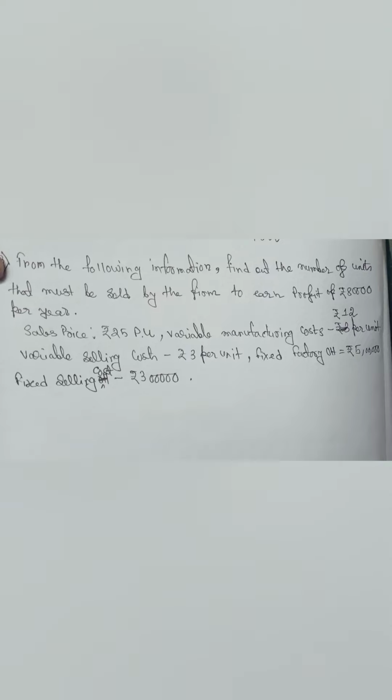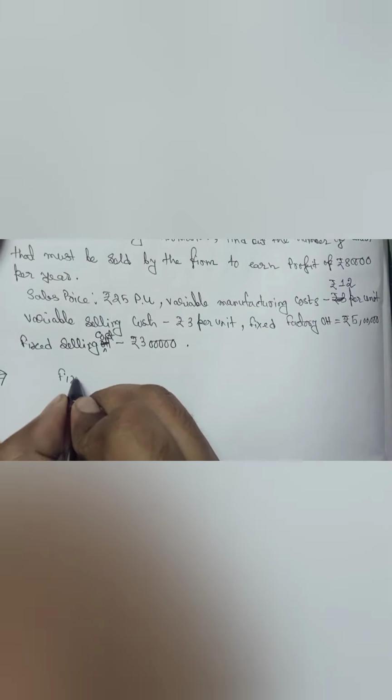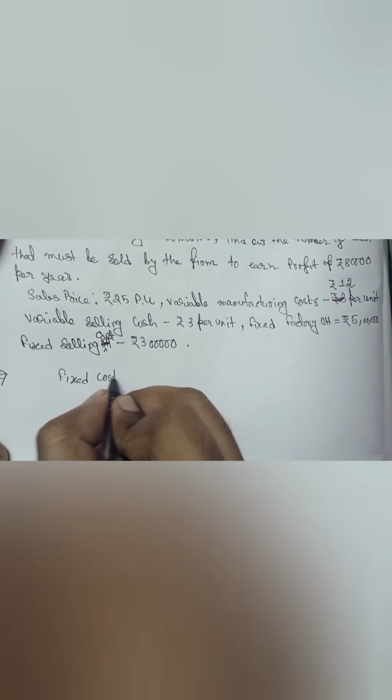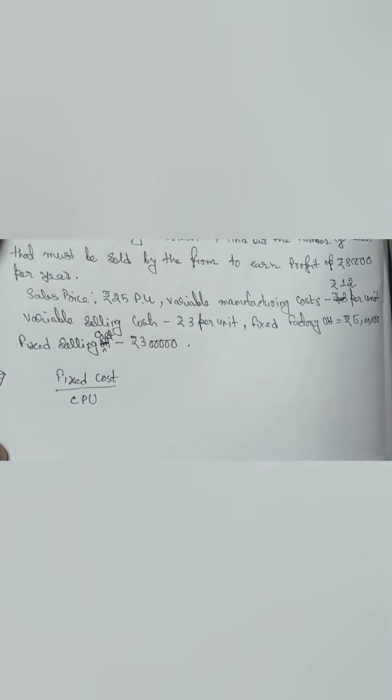Like when we calculate the break-even point in units, we use the formula fixed cost divided by contribution per unit. When we have to calculate BEP in units, we use this formula.